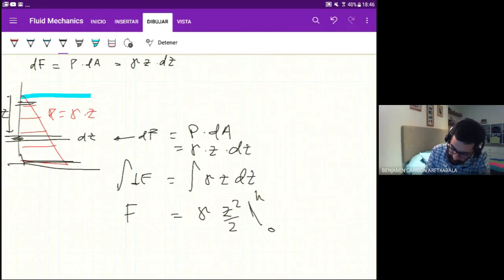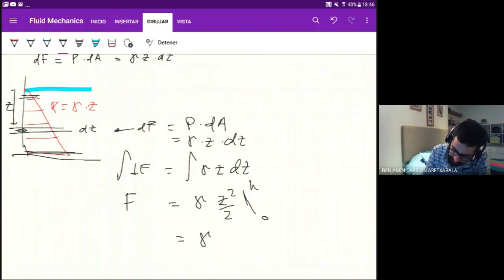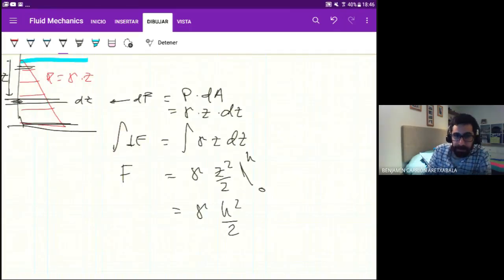So this is nothing more than gamma h squared over two, right? Everyone can follow that?